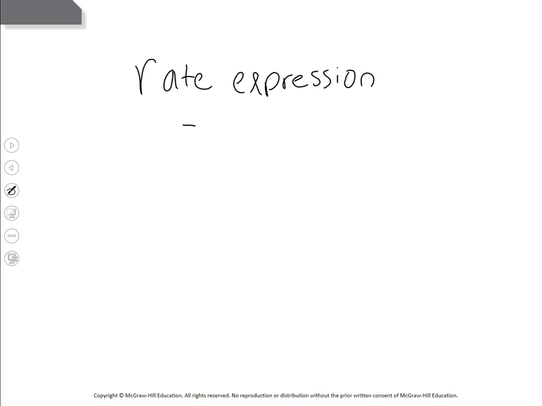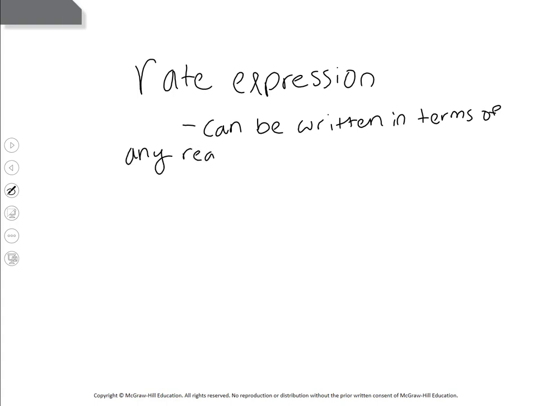So rate expressions can be written of any reactant or product, as long as that reactant or product can have a concentration or a pressure, which means it must be aqueous or gas.